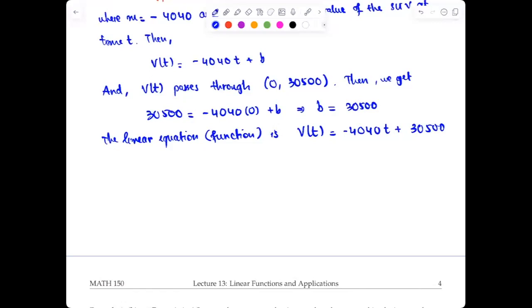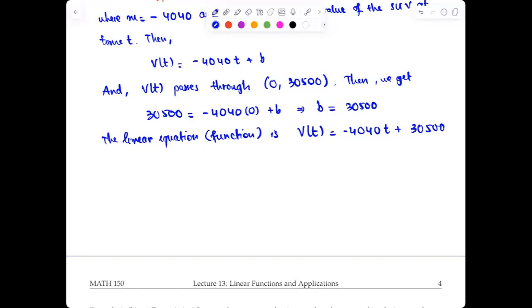Interpolation. You have a function, right? And you want to calculate something within this time frame from 0 to 5. So in this case, you want to calculate the value of the SUV when t is equal to 3. So 3 is between 0 and 5. So this process is called interpolation.